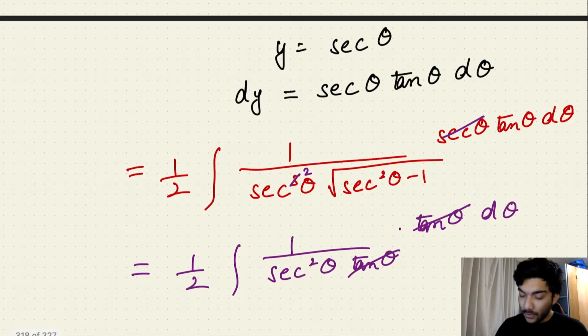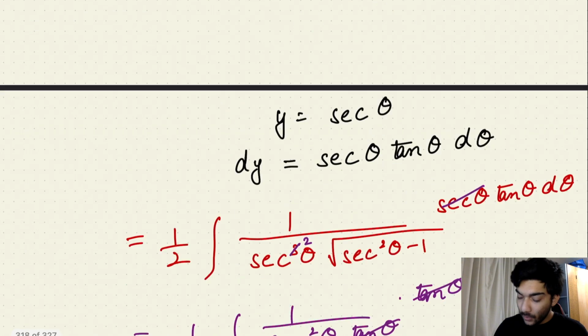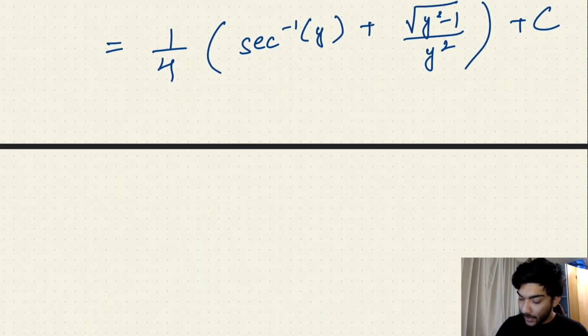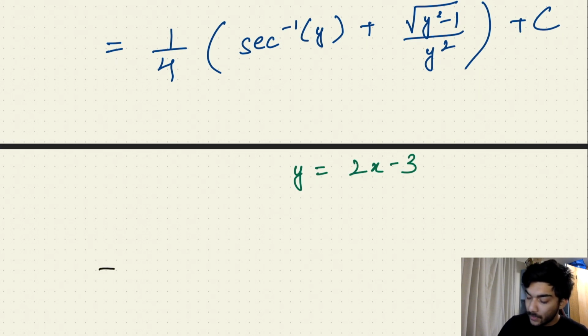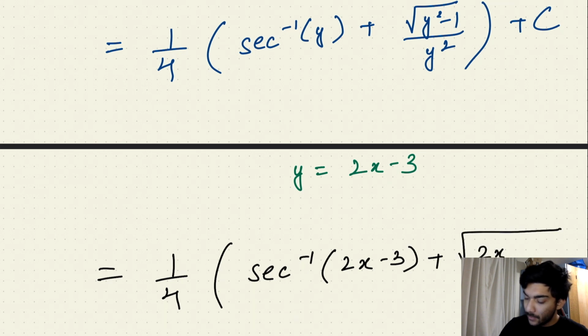plus the constant of integration. And now, since you know that your y is equal to 2x minus 3, if you want to calculate the final answer, you know that your y is 2x minus 3. So your final answer will be 1 by 4 [secant inverse (2x minus 3) plus under root (2x minus 3) whole square minus 1 upon y.